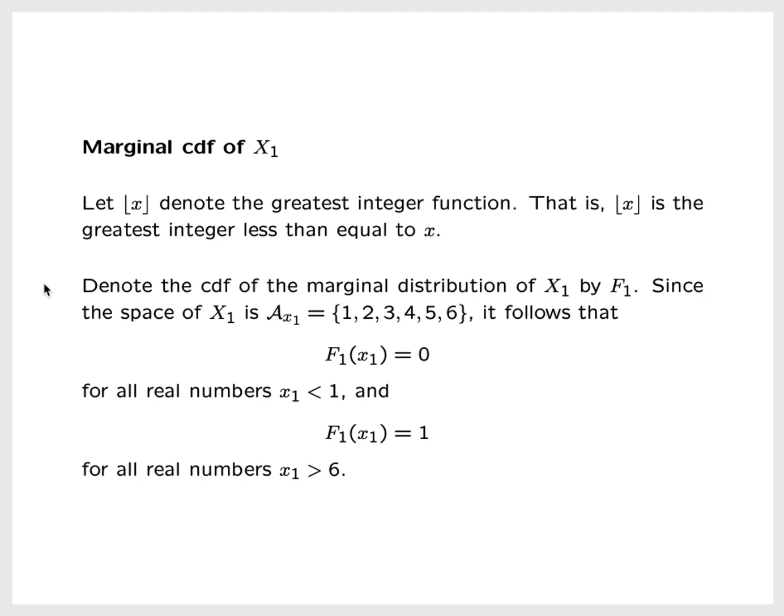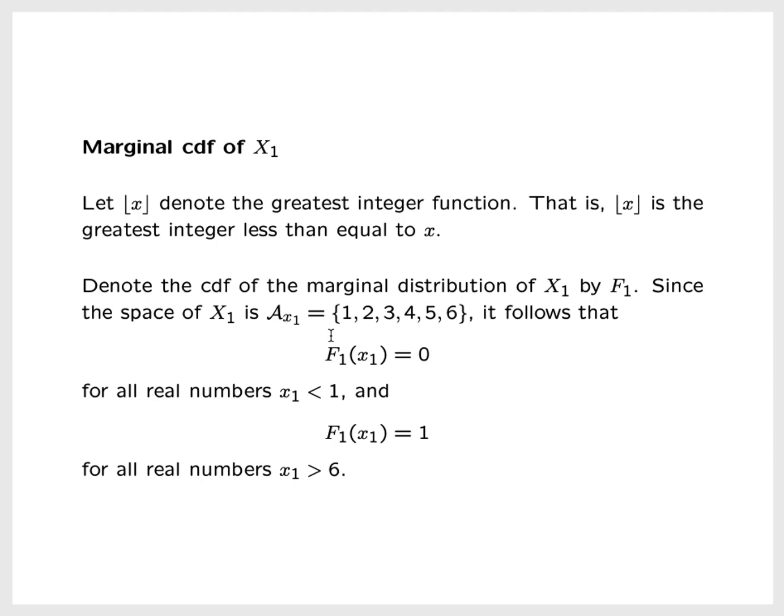Now denote the CDF of the marginal distribution of x1 by capital F sub 1. Since the space of x1 is the set of integers from 1 through 6, it follows, and again this is because you'll remember that the CDF is a probability accumulator, that if we evaluate this probability accumulator at any value of x1 that is strictly less than the smallest value in the sample space of x1, then the amount of probability we've accumulated is 0.